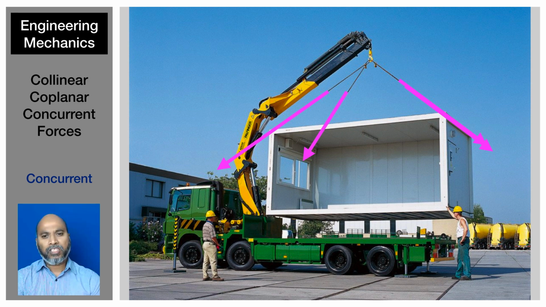You can only see three wires because the third and the fourth are overlapped with each other. So all these four forces are concurrent forces because the lines of action of these four forces intersect at the top of the support.